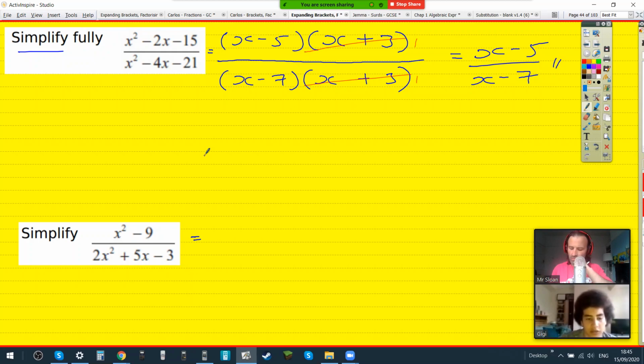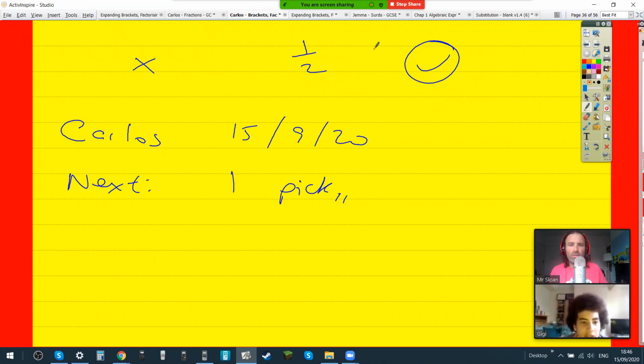Factorize x squared minus 9. Or can you not factorize x squared minus 9?